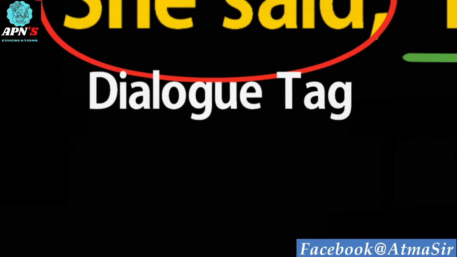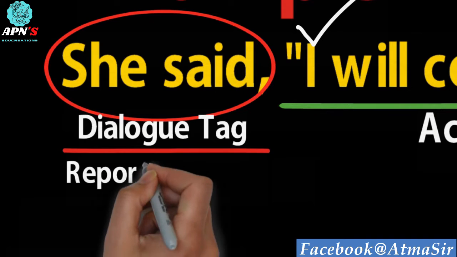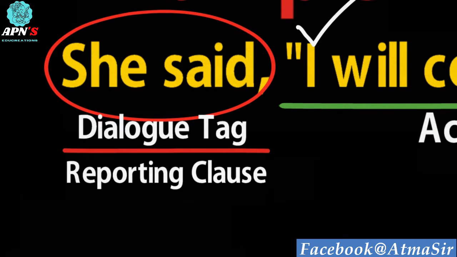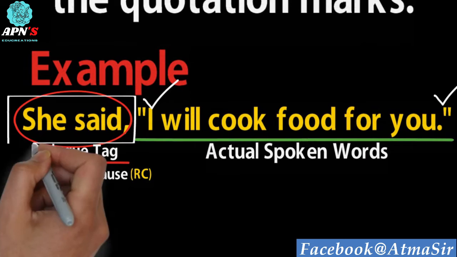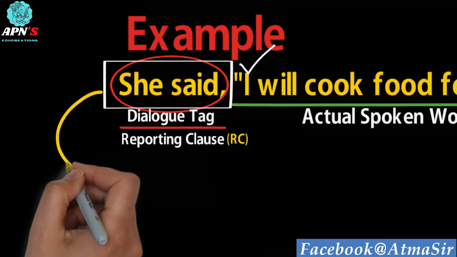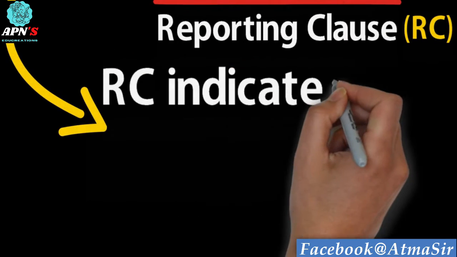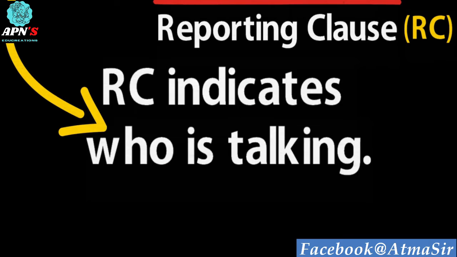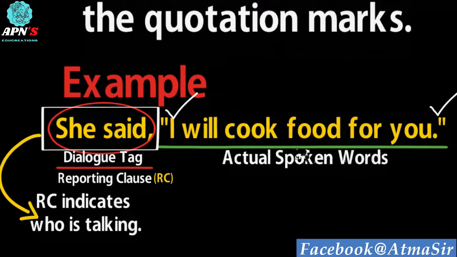This dialogue tag is also called the reporting clause, or RC. The reporting clause is the short clause that indicates who is talking. It is the clause that is outside the inverted commas, and it is therefore not the words being spoken.